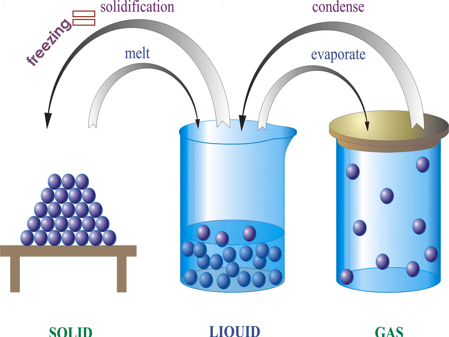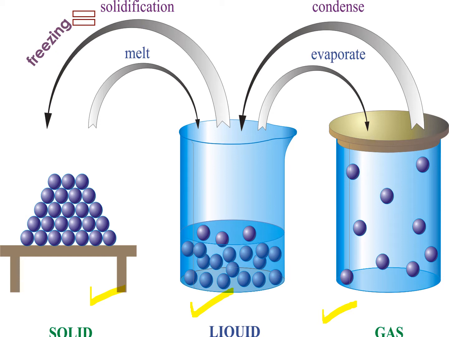Now we are going to explain how each state of matter changes to another one. The first state of matter is solid, the second one is liquid, the third one is gas. Now I want to know how a solid can change to a liquid.